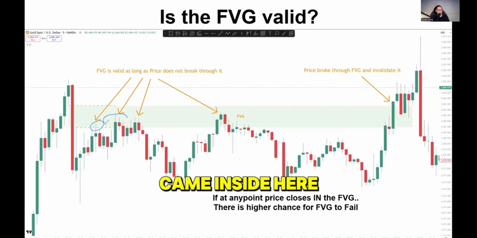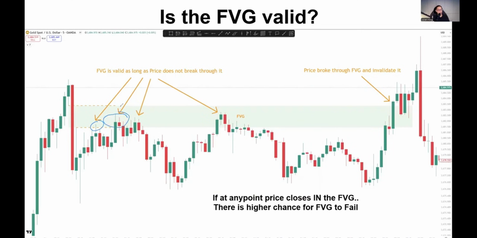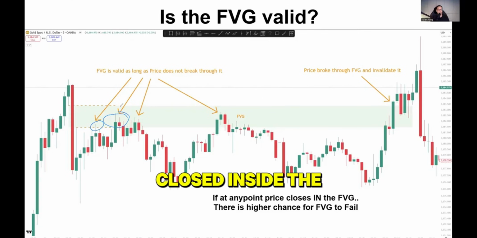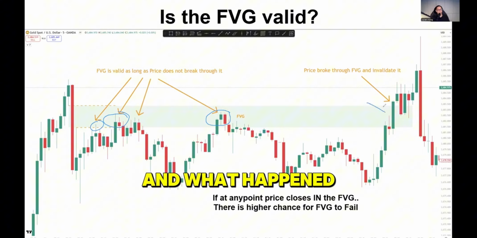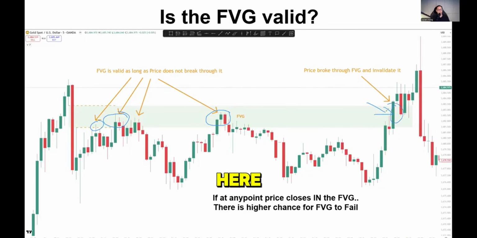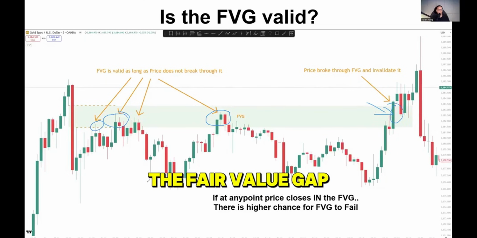However, when price came inside here again, the candle actually closed inside the fair value gap. This gives a hint that the fair value gap is going to be invalidated. Look at this. It tried to close a bit higher and also still inside the fair value gap. And what happened? This time over here, it broke past the fair value gap, invalidating it.